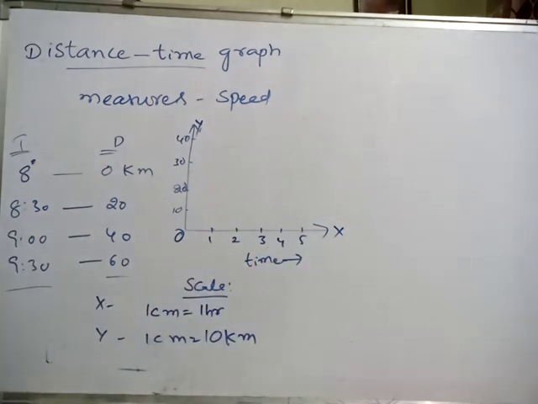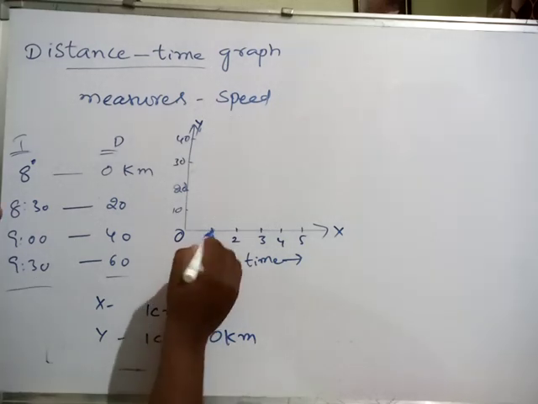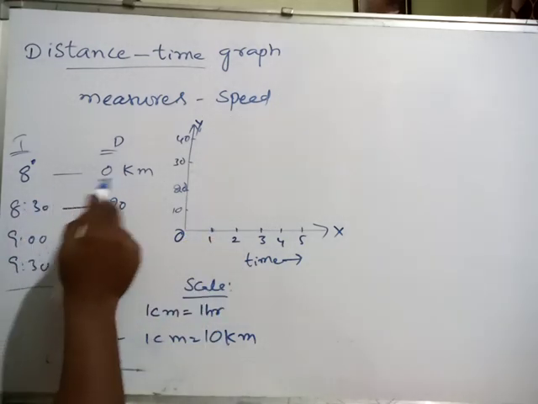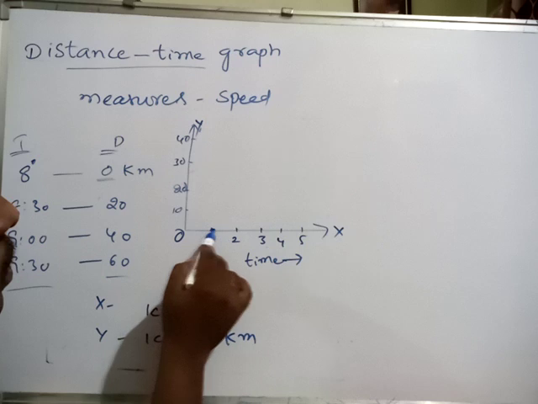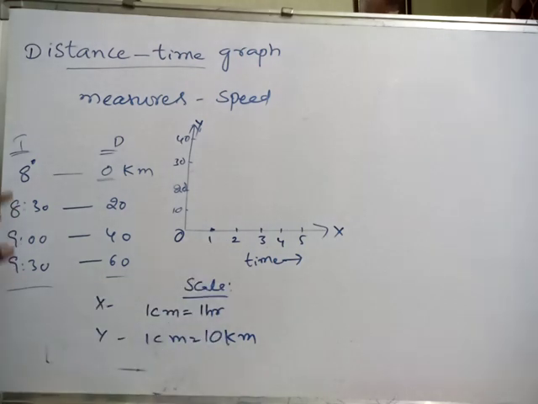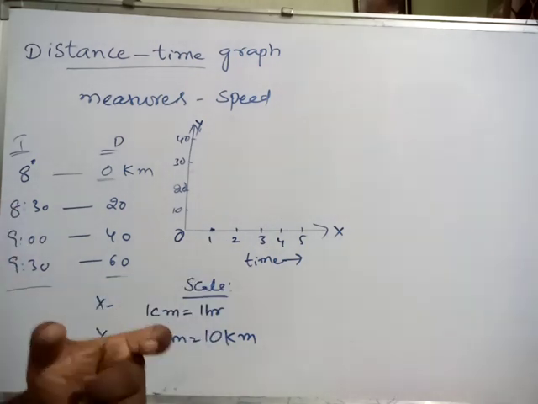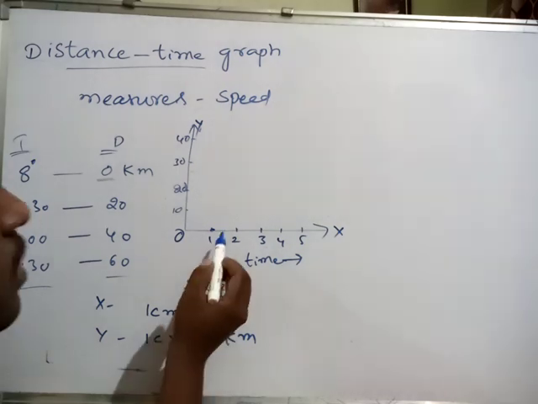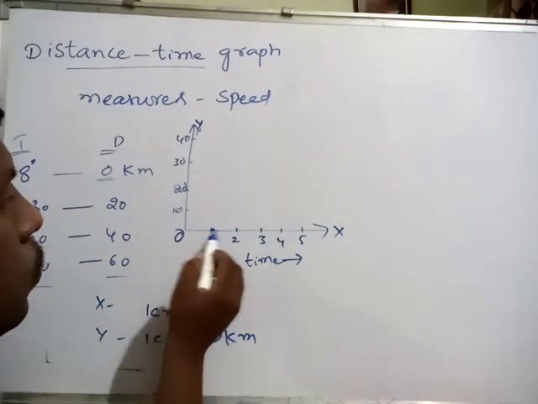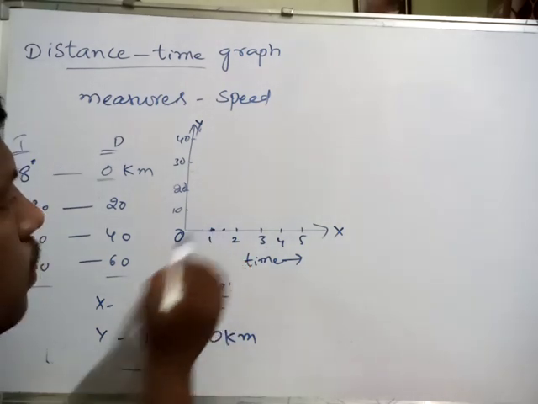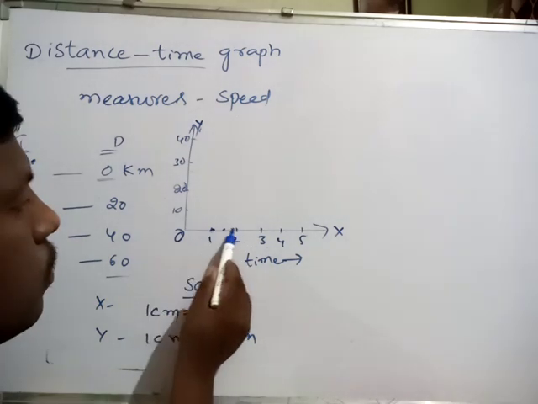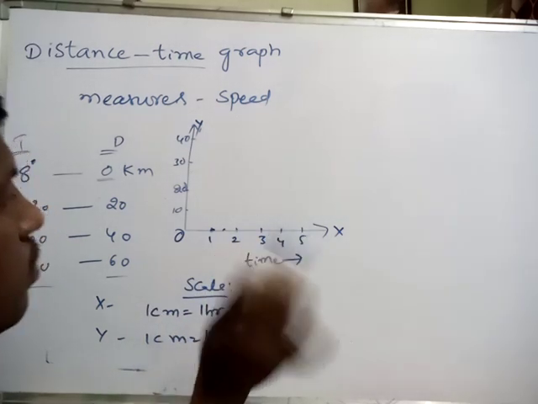See here, 8 o'clock is the first hour, so what is the distance? 0 only, there is no distance. And 8:30 means how much time? Half an hour, between 1 and 2, because 1 hour, 2 hours, 3 hours like that.